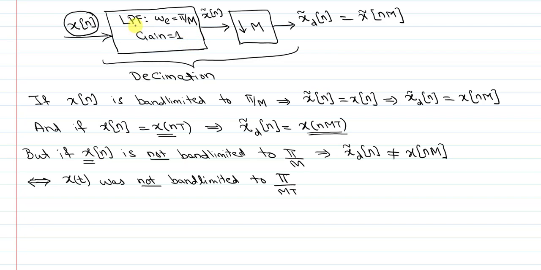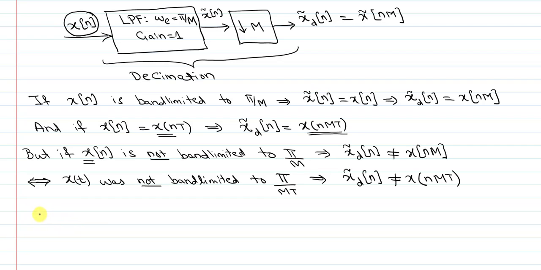And this low pass filter in that case means that your new sequence x tilde_d[n] is no longer the samples of your continuous time signal, but it is related to your continuous time signal still. How is it related?